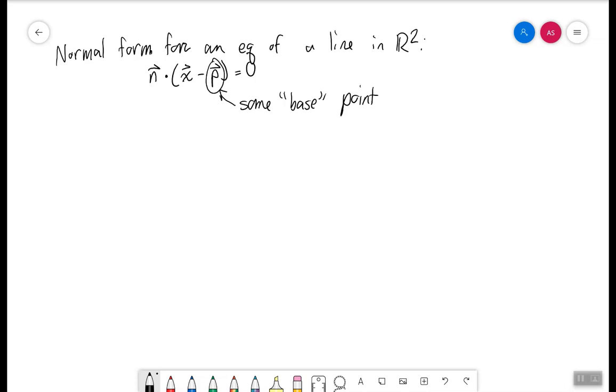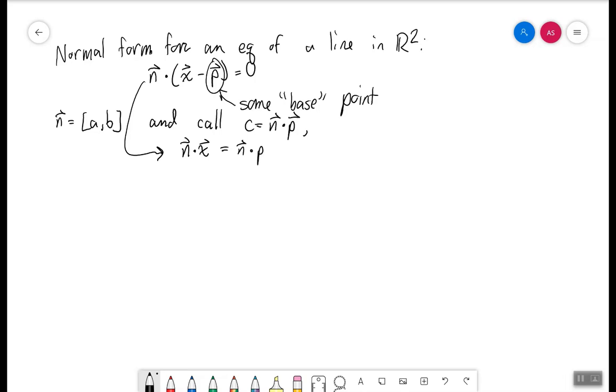We can expand this expression out to get what's called the general form. So if we write n equal to (a, b) and call c the quantity n dotted with p, then first I get n dotted with x equals n dotted with p, and this becomes ax plus by equals c.